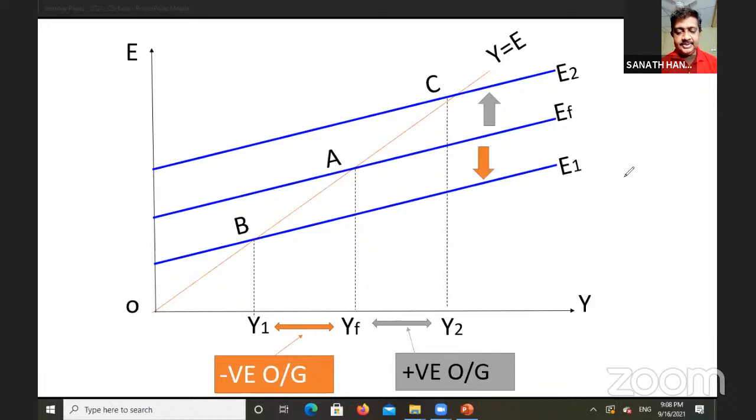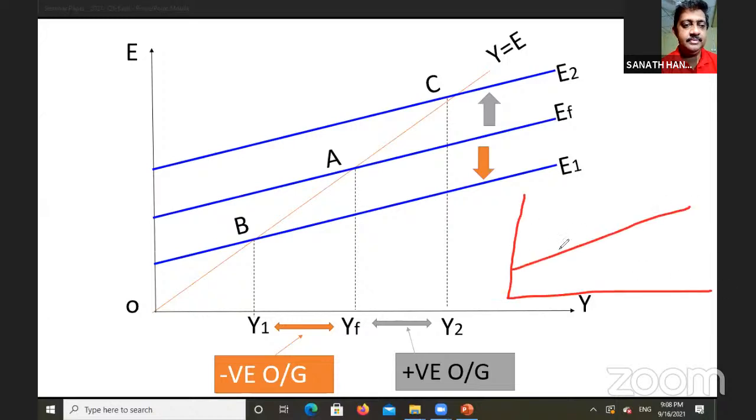Business cycle, same logic, but the way it is presented is different. When you go to the business cycle diagram, the idea comes like this. A good example. Here, positive output gap. And this is negative output gap.